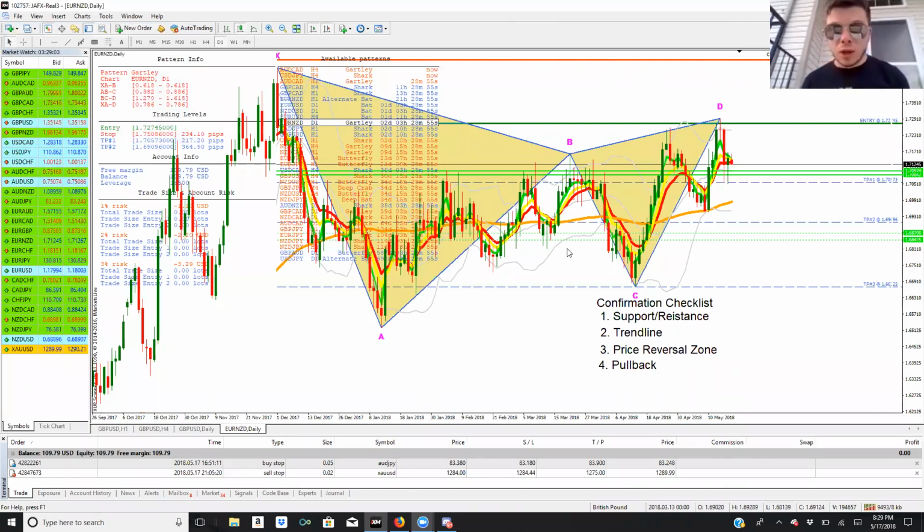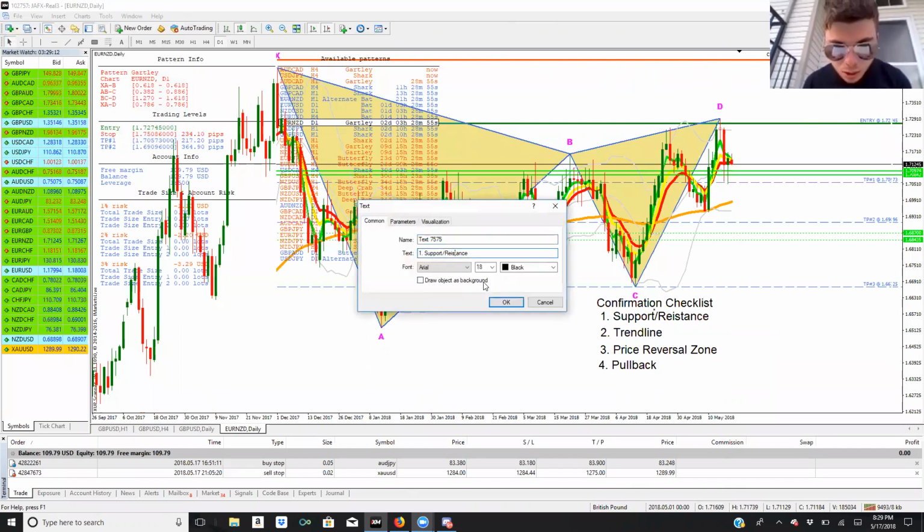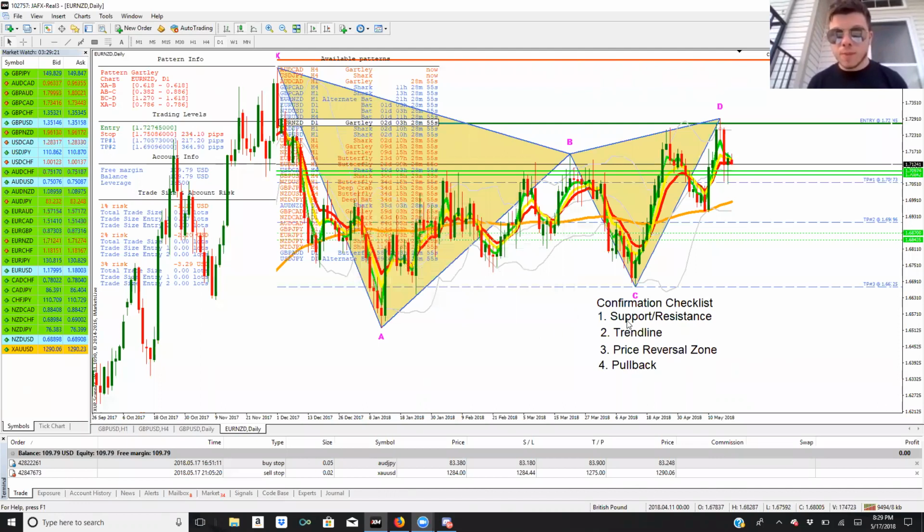So now with this confirmation checklist, all you're simply going to do is be like, okay, support resistance. Where in the market is this going, right? This is on an uptrend, so we're just looking for an area where this can reverse when it comes to a resistance, because it's looking for a sell, so we're looking for potential resistance, okay?